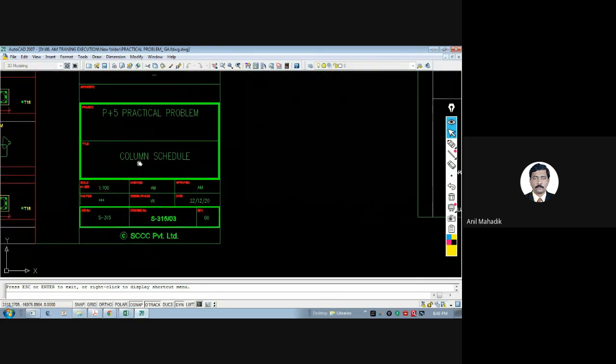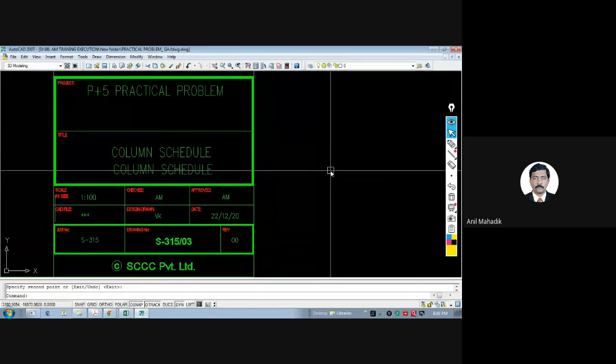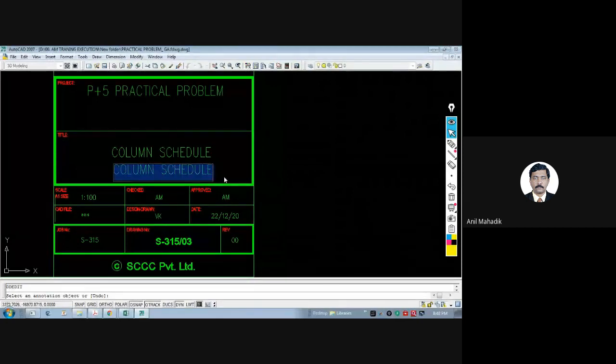So how many drawings are there for columns? 1, 2, 3, 4. 4 drawings are there. So here you can write column schedule, and below this you can write sheet 1 of 4, because there are 4 sheets. 1 of 4.